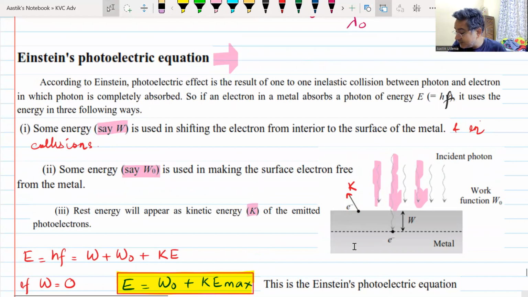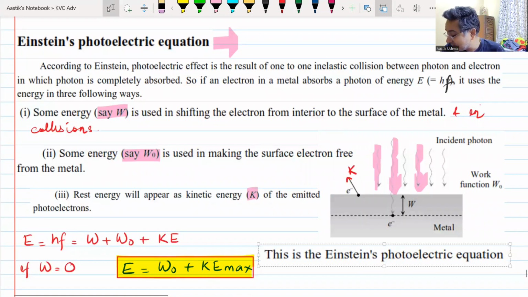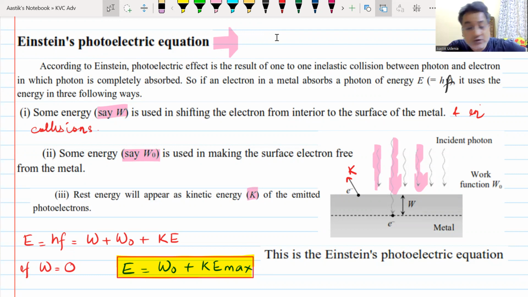This is the revolutionary equation for which Albert Einstein got his Nobel Prize. Einstein's photoelectric equation: E is equal to W naught plus KE max. Do we understand this? Yes, sir. I'll give you 2 minutes to note this down.